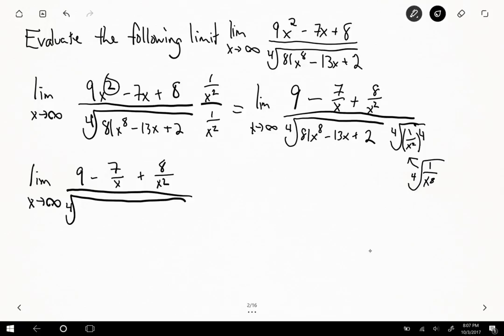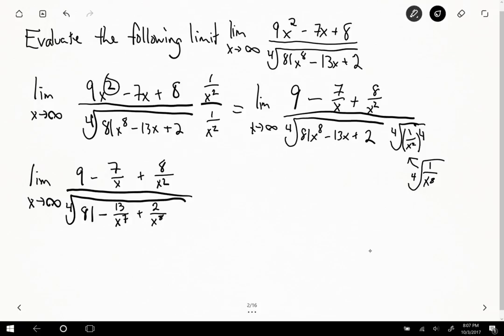So 81 x to the 8th times 1 over x to the 8th just becomes 81. 13x times 1 over x to the 8th becomes 13 over x to the 7th. Okay, and then 2 times 1 over x to the 8th just becomes 2 over x to the 8th.